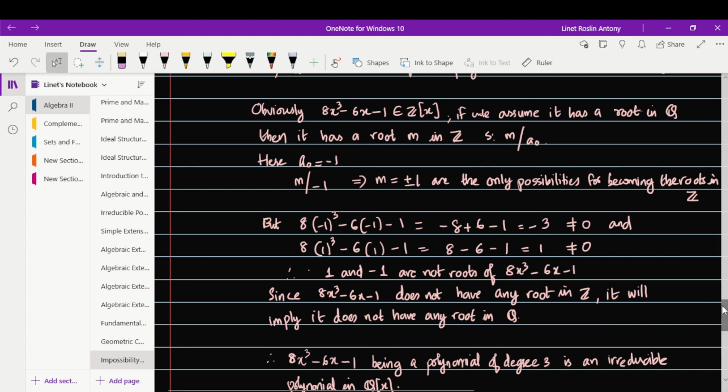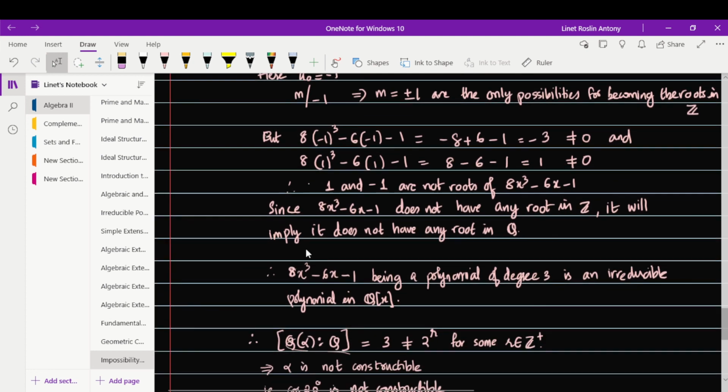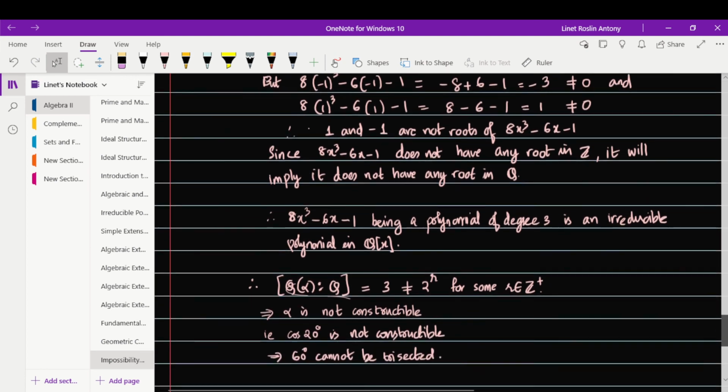So this means that the polynomial 8x cube minus 6x minus 1, which is of course a degree 3 polynomial, if it is reducible, it will definitely have a linear factor. We said that a linear factor means it has a root, but we now obtain that it doesn't have any root. So obviously it is an irreducible polynomial, and we have found that alpha, which is equal to cos 20, is a root of this polynomial, right?